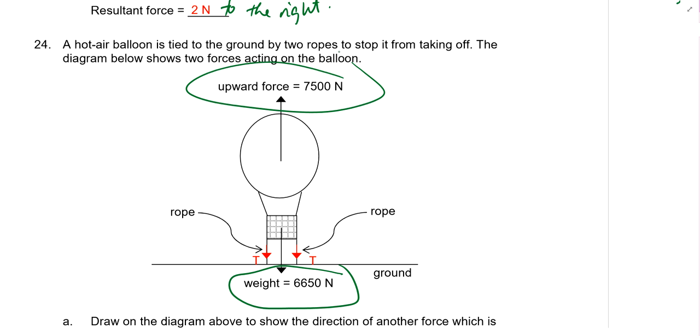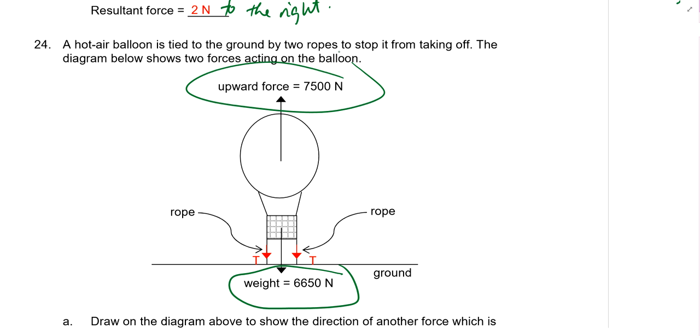850. How do you get 850? 7,500 minus 6,650. So there is supposed to be a resultant force upwards, right? Meaning it is trying to go upwards. But in this case, is it moving upwards? No, it is not. It is stationary. Why?